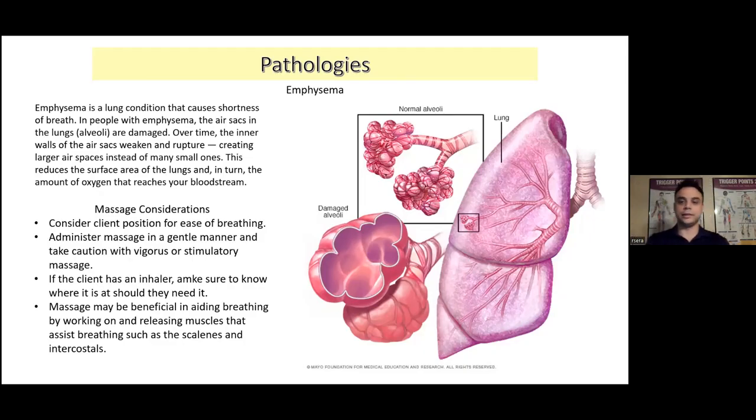So this causes the inability to really take up oxygen. So again, breathing is very difficult and labored. So consider the positioning of the client, and again, try to be maybe a little less vigorous with your massage as well.